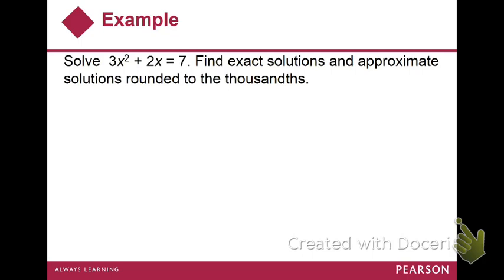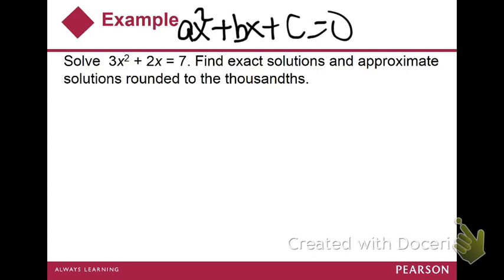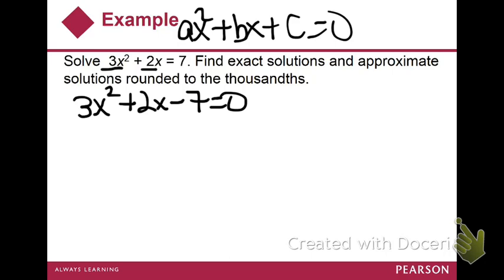So I need to get it in ax squared plus bx plus c equals 0 form. And there's my ax squared, there's my bx, but where's my c? It's across the equals. So I'm going to bring it across, change its sign. And now I end up with 3x squared plus 2x minus 7 equals 0.